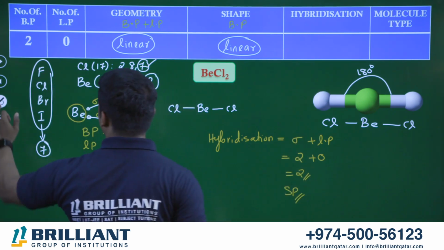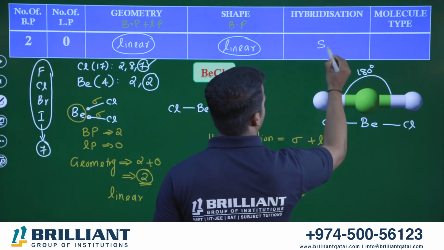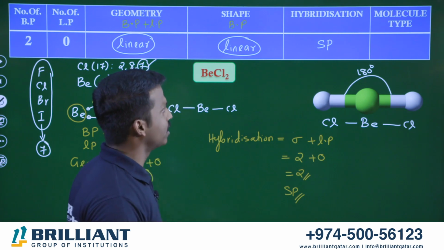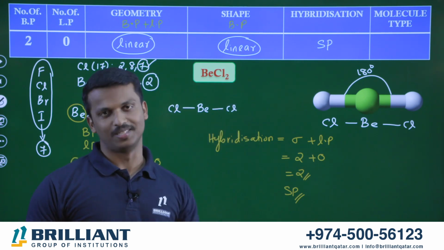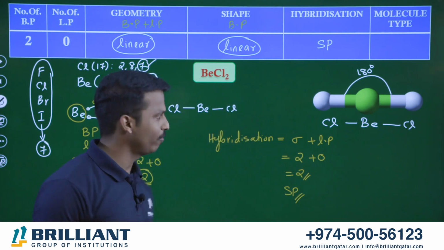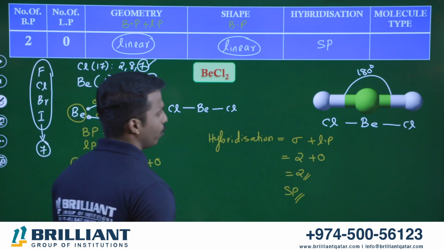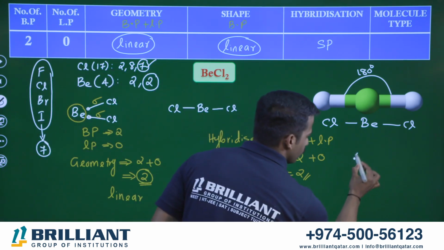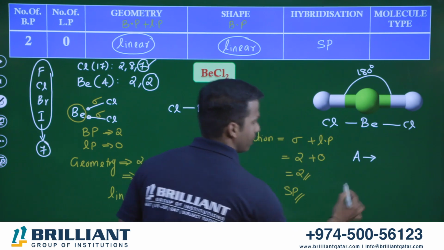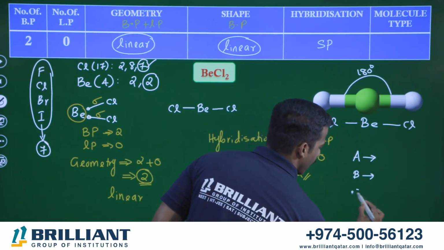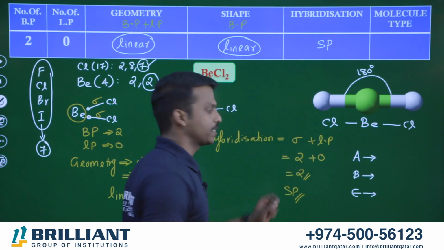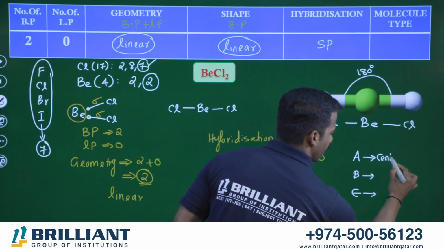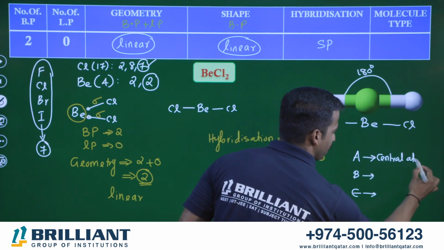So the hybridization is ready: sp. One more point we are going to discuss. Which type of molecule is this? Which is very simple. Dear all of you, always consider that I'm representing A, B and E. A represents the central atom.